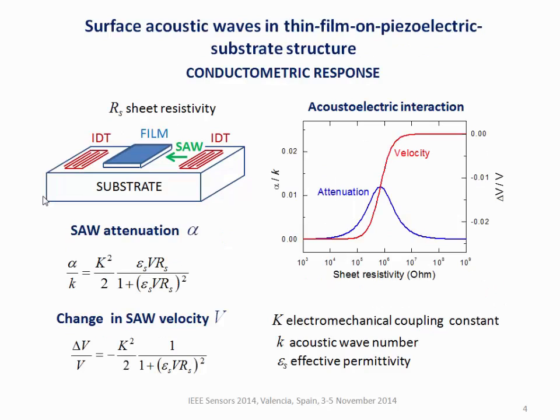The second effect is the conductometric response, when the surface acoustic wave feels the electric property of the film. For this, you need a piezoelectric crystal. When a surface acoustic wave propagates on the surface, the electric field created by the acoustic wave penetrates the film, and if the film is conducting, there is a change in attenuation and in the velocity of the surface acoustic wave.